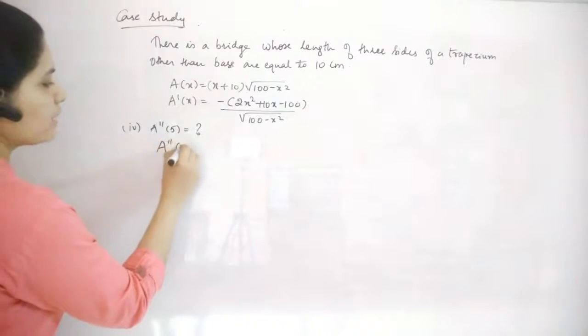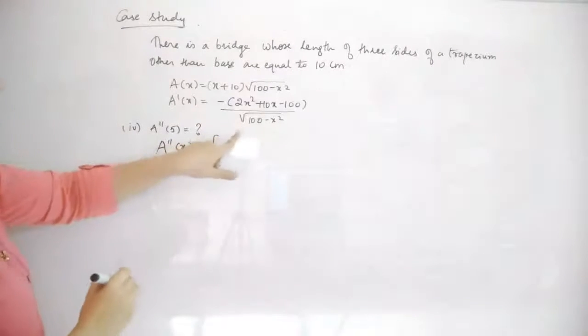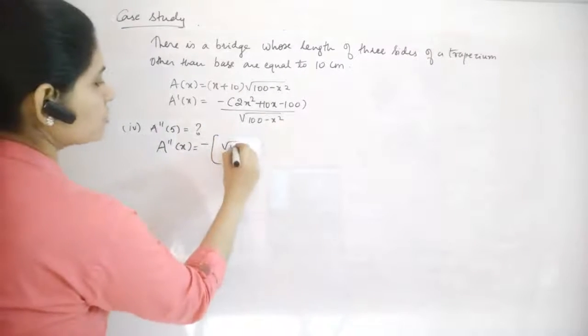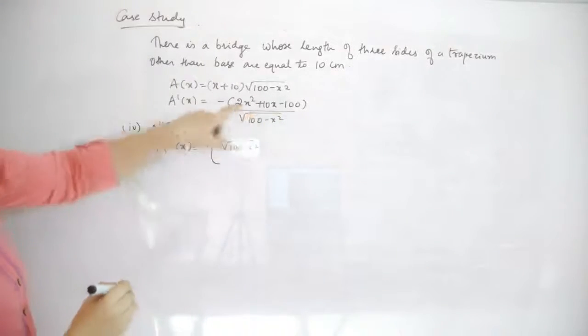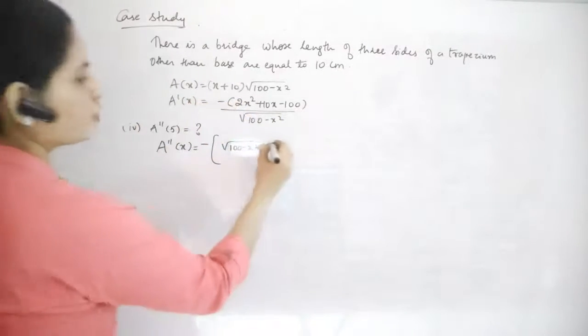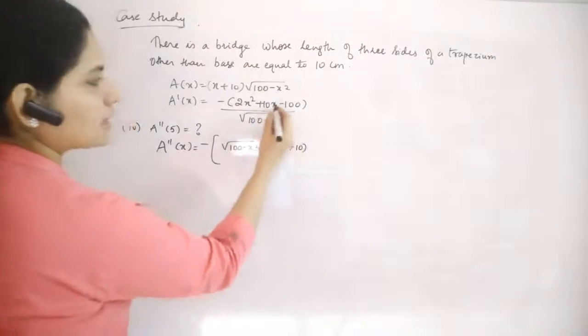A''(x) will be, using the quotient rule, denominator into the derivative of the numerator. What is the derivative of the numerator? You will get 2 into 2, 4x, plus 10, right? The derivative of x is 1.